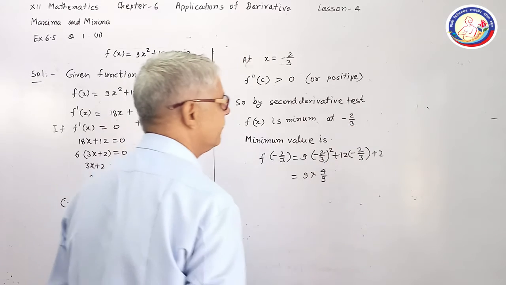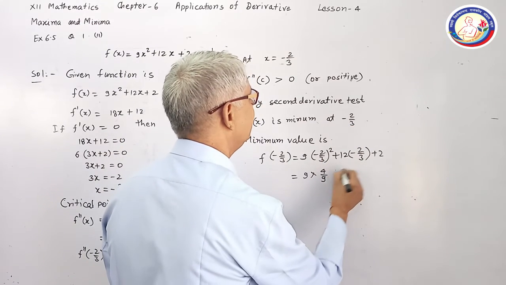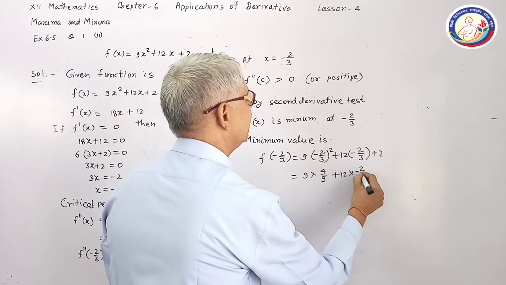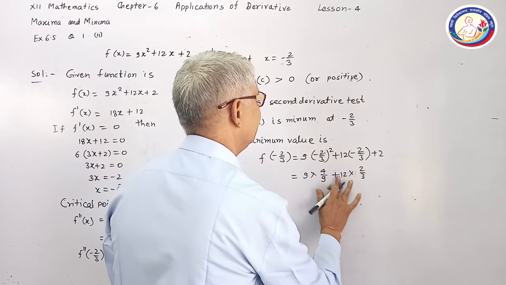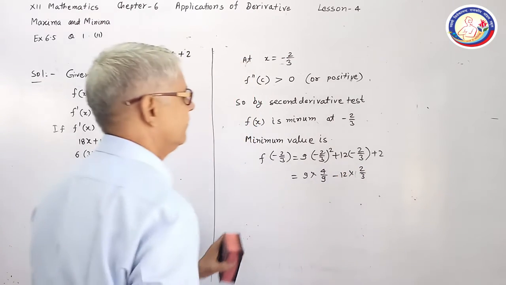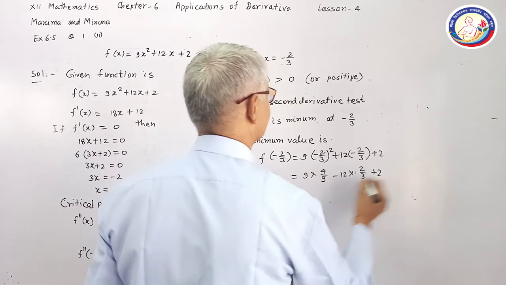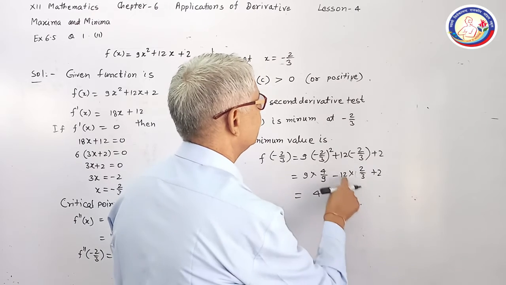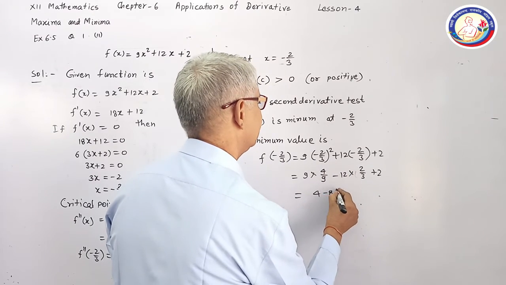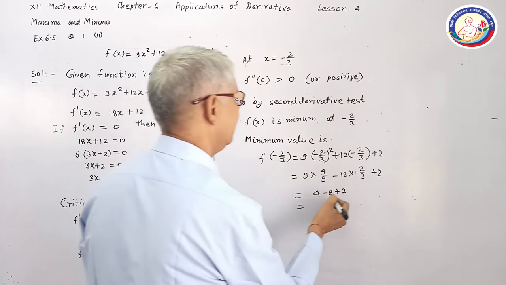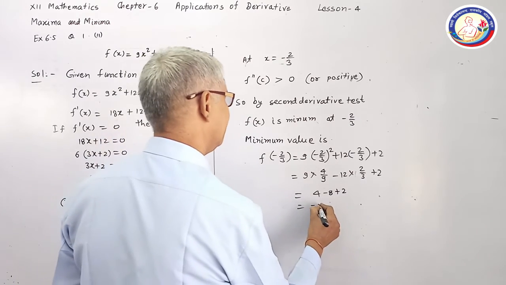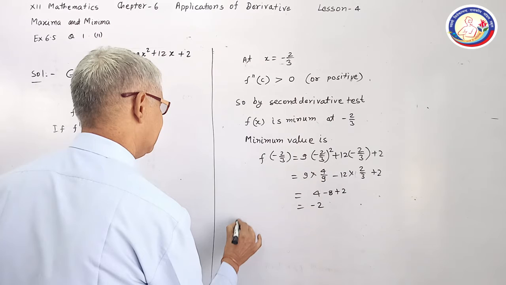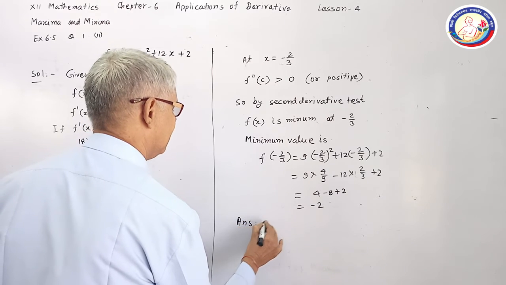So square of negative number is positive, and 12 into minus 2 by 3, so this negative sign will be here, and plus 2. This is 4 and this is 8, 4 minus 8 plus 2. And the result will be 4 minus 6, that is minus 2. So what is minimum value? Our answer is minimum value minus 2.